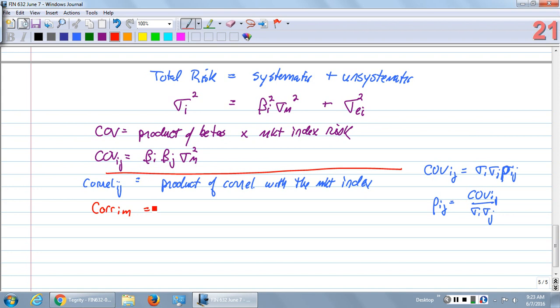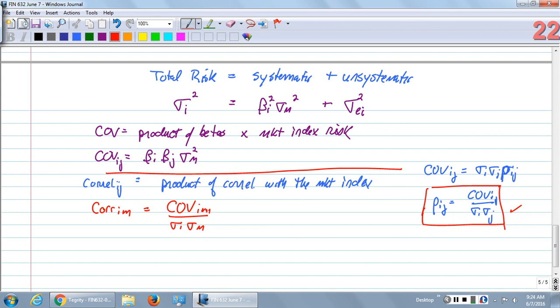Okay, so look at your formula here. If you want to know the correlation between two assets, I and J, you take the covariance between those. So if I want to know the correlation between asset I and the market, I take the covariance of asset I with the market, and I divide it by, as you see over here, the standard deviation of I times the standard deviation of the market.